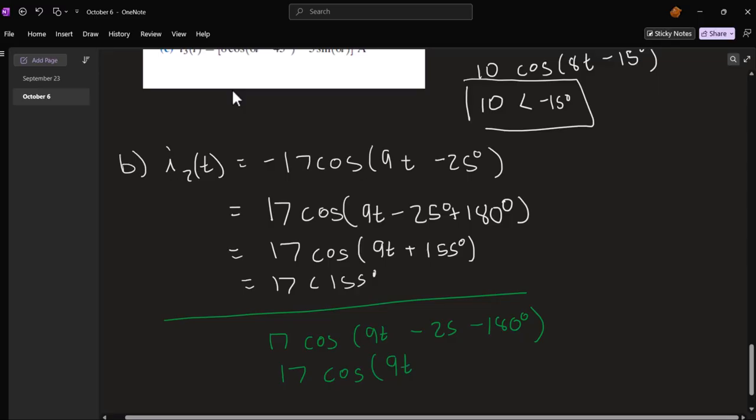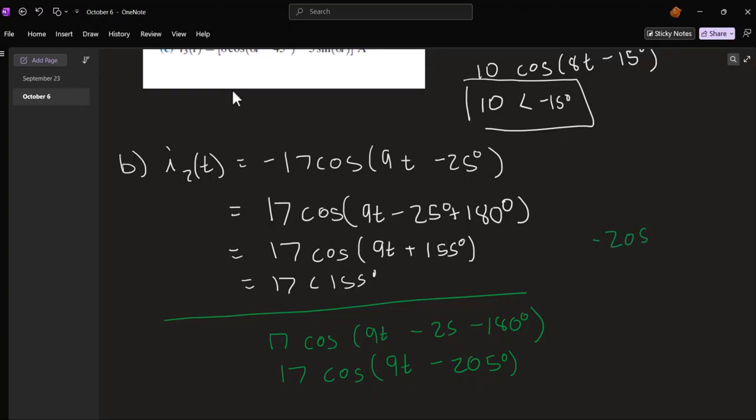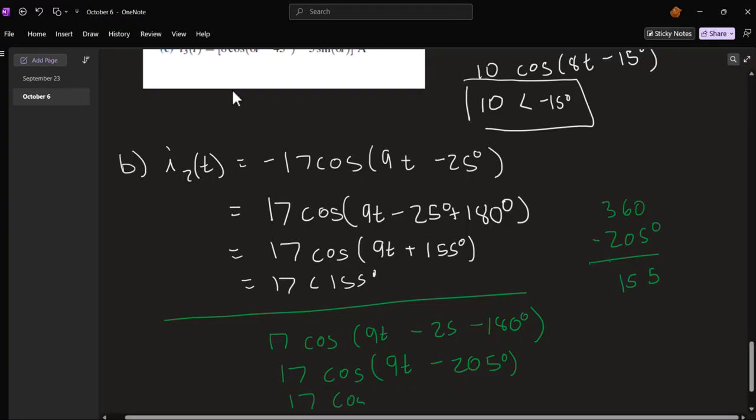And that would get us 17 cosine minus 205 degrees. But now that's not between negative 180 and positive 180. And so you would add or subtract 360 to get the equivalent angle. And if I add 360 to negative 205, I get 155, so I get the same thing. I just had one extra step to get there.